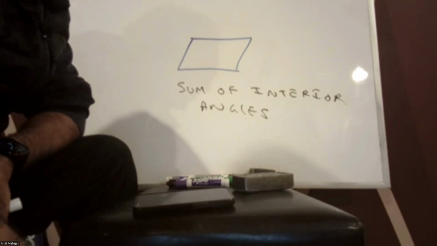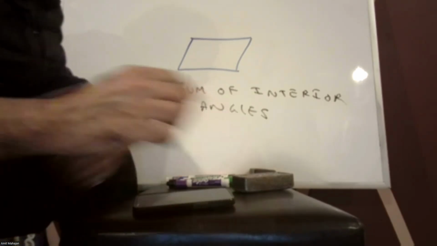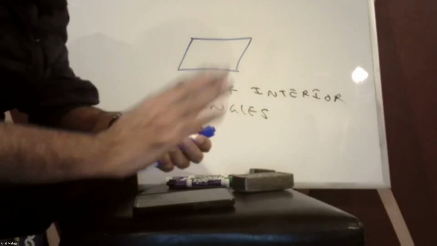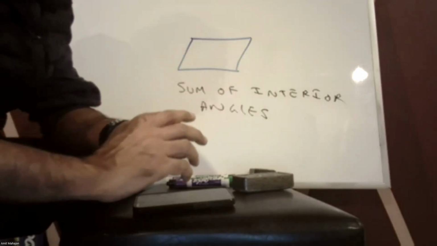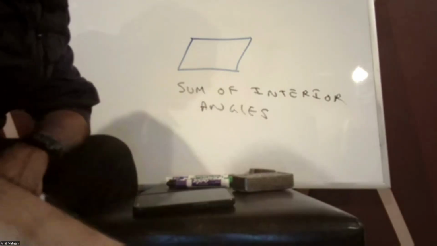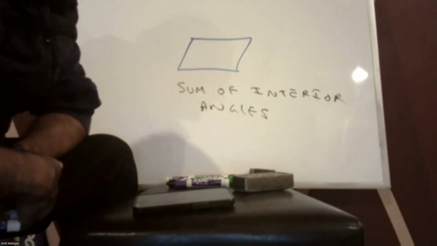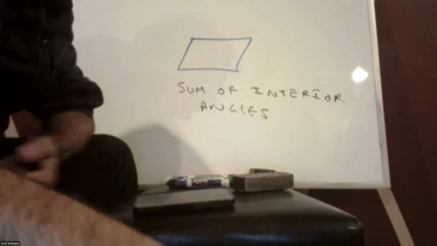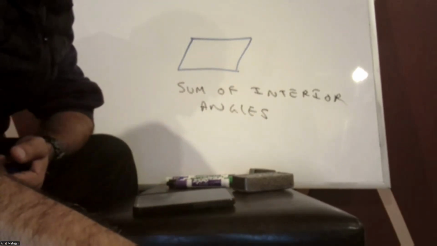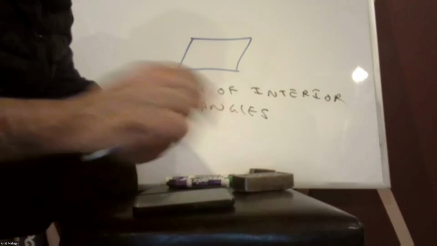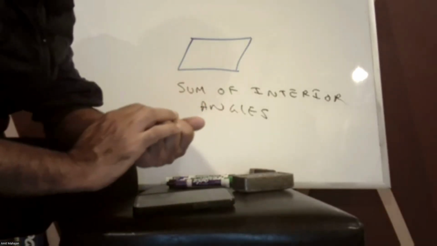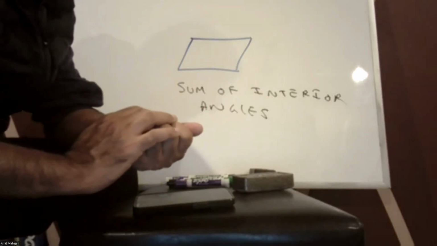If it's a quadrilateral, yes, that is correct. Quad means 4 sides, so yes. What is the formula to find the sum of the interior angles? All the sides. Can I help you?